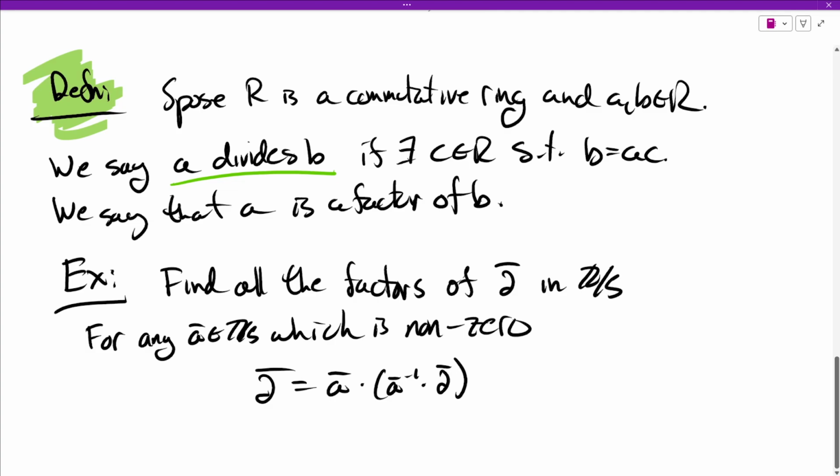So any A is a factor of 2 provided it's non-zero. So all non-zero elements are factors. And this is a common phenomenon in fields.